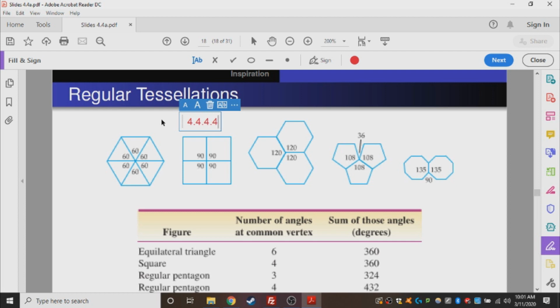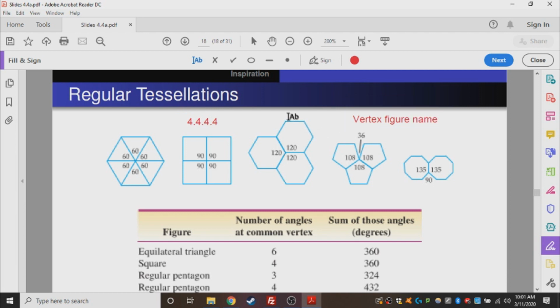So each 4 represents a square, and the list of 4 of them means there are 4 squares joined at a point. So I read 4.4.4.4. That we call the vertex figure name for a tessellation. Vertex figure name. Only if the tessellation works, of course.